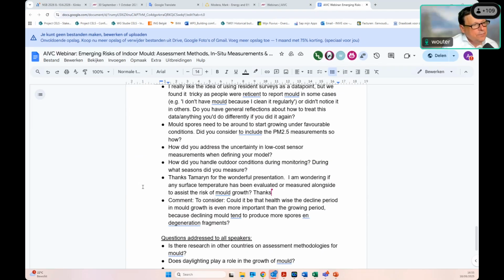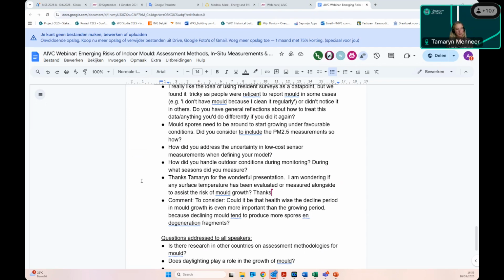I'm wondering if any surface temperatures have been evaluated or measured alongside to assess the risk of mold growth. We haven't incorporated the outdoor, because we did have outdoor sensors outside some of the homes, measuring relative humidity and temperature and air quality.